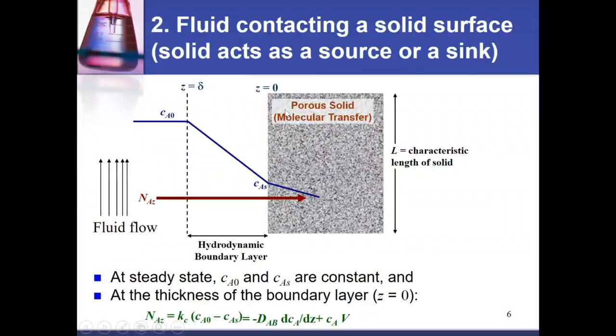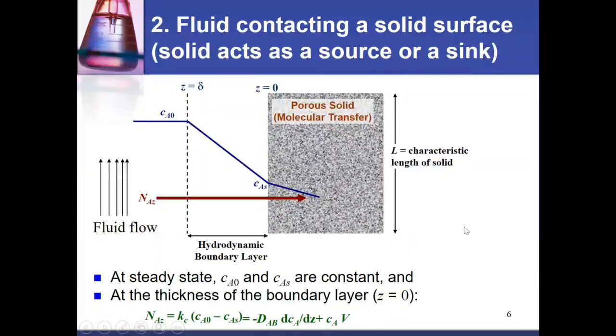If the mass transfer takes place from the solid to the bulk of the fluid, the trend will be opposite. So it will be like this, then you reach this boundary, then you have it like this, and then constant.